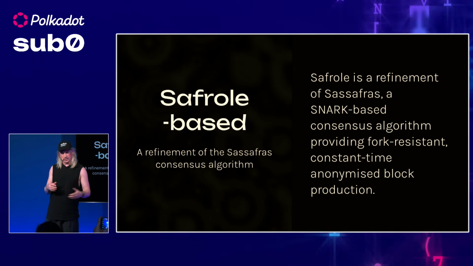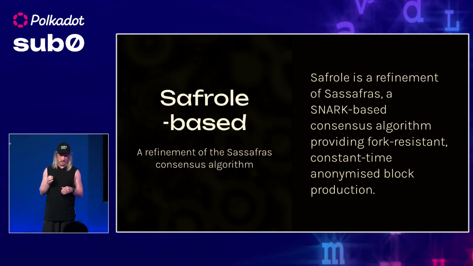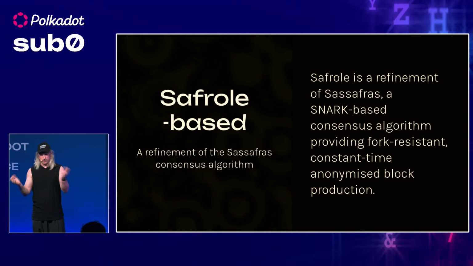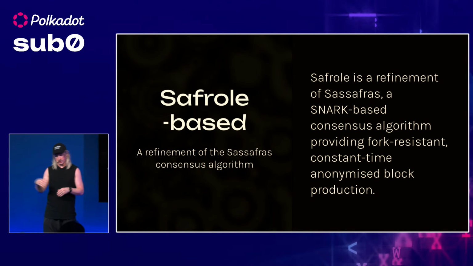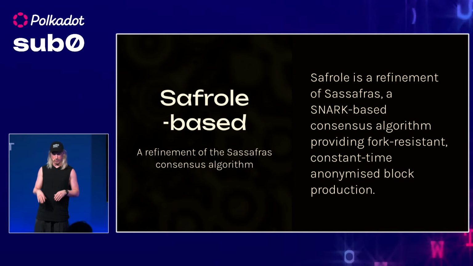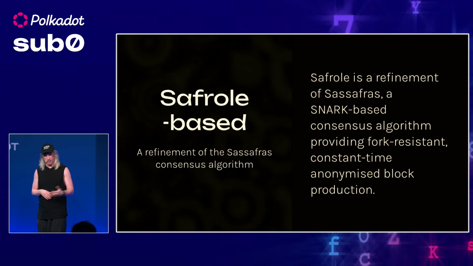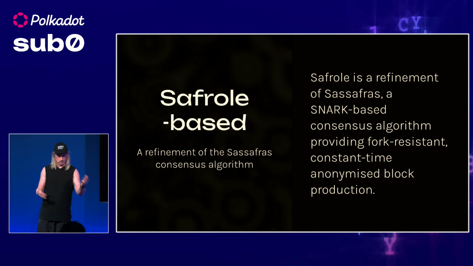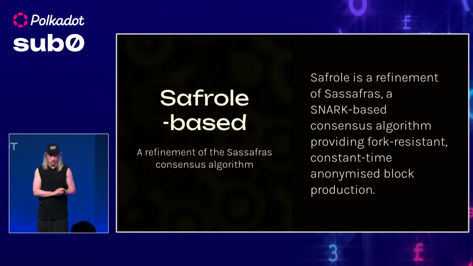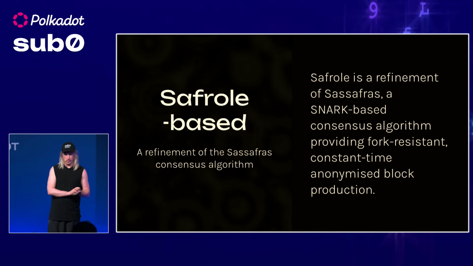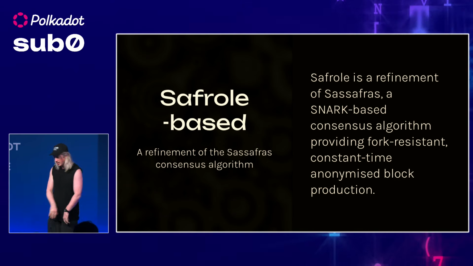So it's a consensus algorithm. Specifically, the block production algorithm is SAFR based. Now, SAFR itself, as I said before, is basically a simplification of Sassafras. It throws out some of the less important bits that may still possibly be useful for parachains. So it's not necessarily that parachains are going to use SAFR; they may probably stick with Sassafras. But really, for Jam, one of our main considerations was to make this thing as simple as possible. Why?